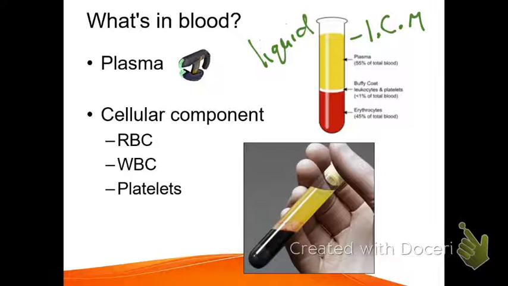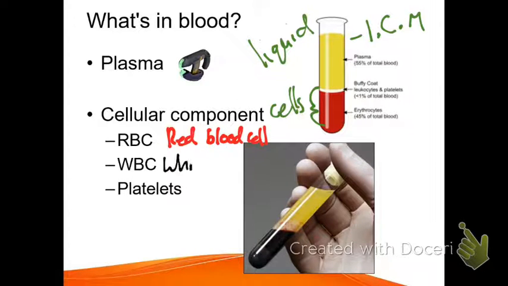So then what we have is the cellular parts. Cells. And those are your red blood cells. So RBC is red blood cell. White blood cell. And your platelets. Okay, platelets, think of them more as parts of cells. They're not actually a cell in themselves.